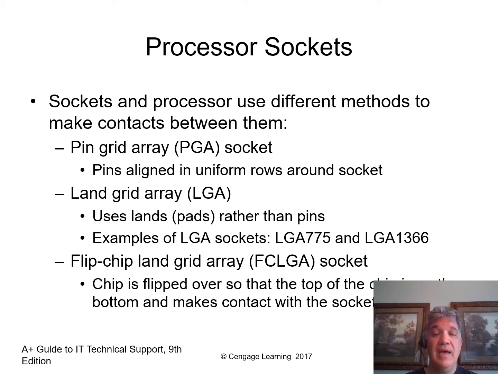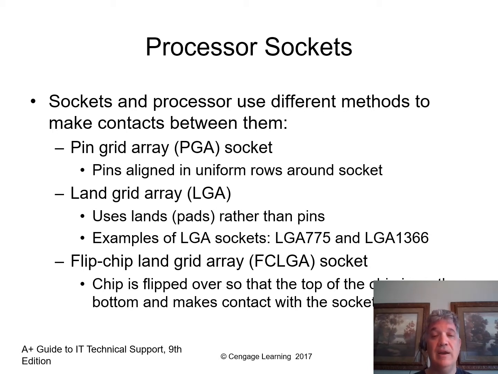When you put the CPU in place and latch it down, the latching mechanism slides over this plate that otherwise protects the pins, and then connects those with the CPU.